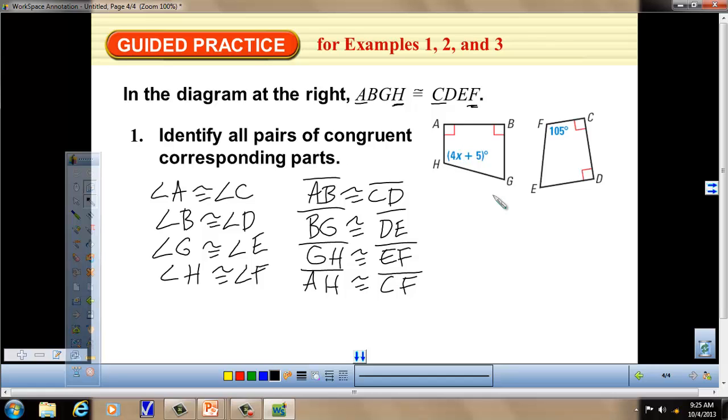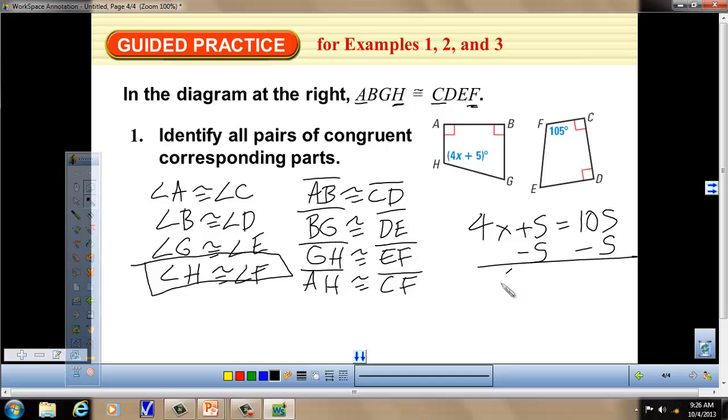And again, going back to what I was going to do originally, we know that H and F are congruent, so therefore we can write that 4x plus 5 equals 105. We subtract 5 from both sides. 4x equals 100. Dividing both sides by 4, x equals 25.